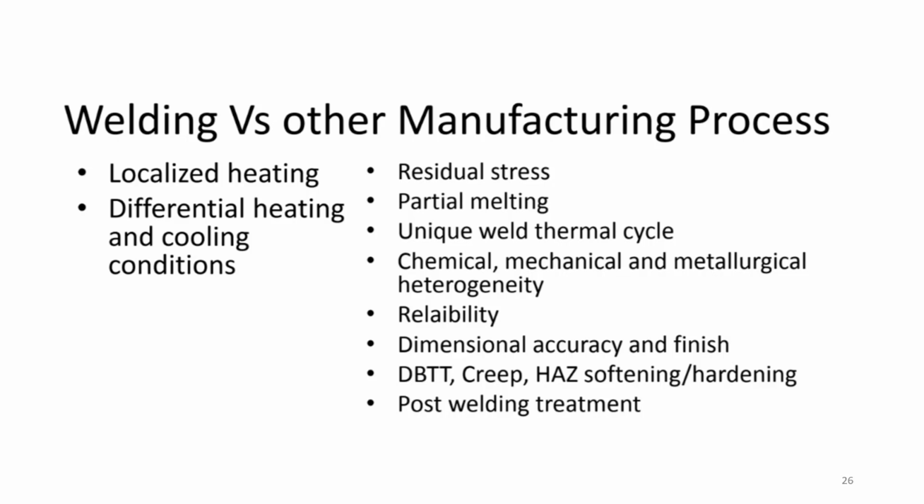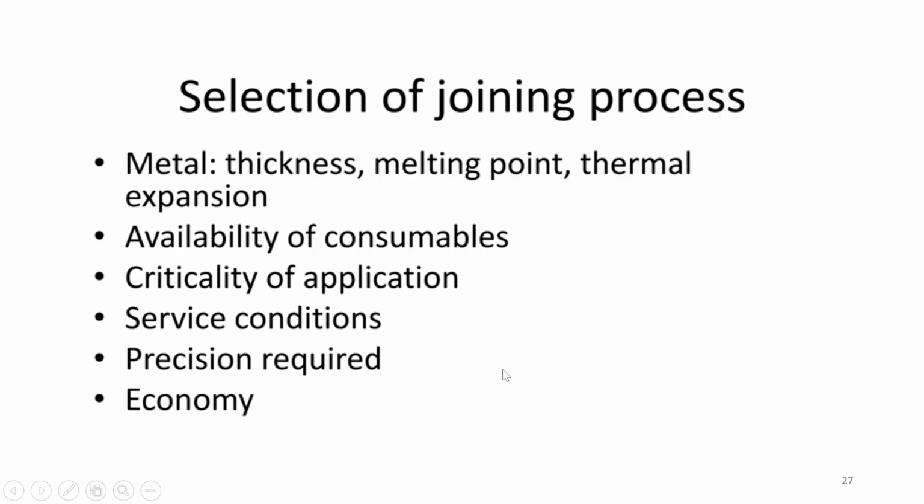Reliability will be different for different weldings, and dimensional accuracy and finish, DBTT, ductile to brittle transition temperature, creep, heat affected zone, softening and hardening, post welding treatments, these are also some factors.